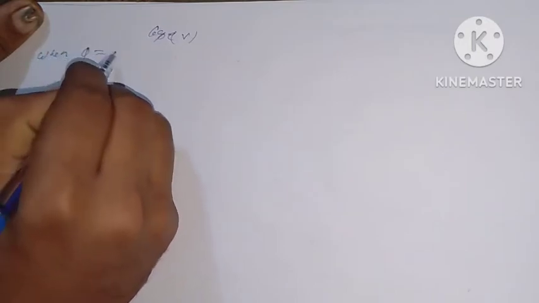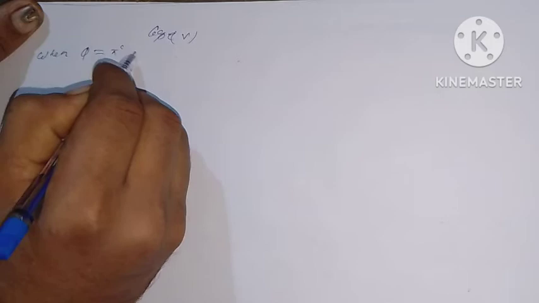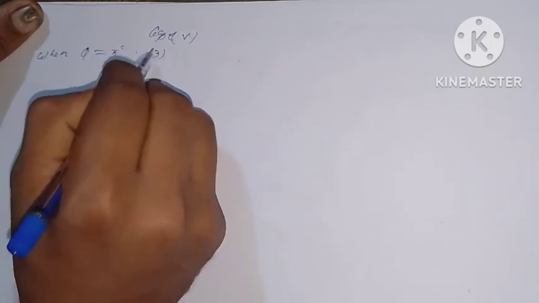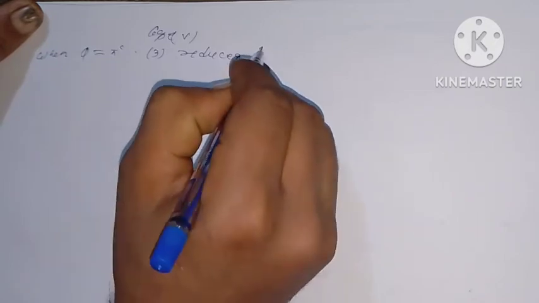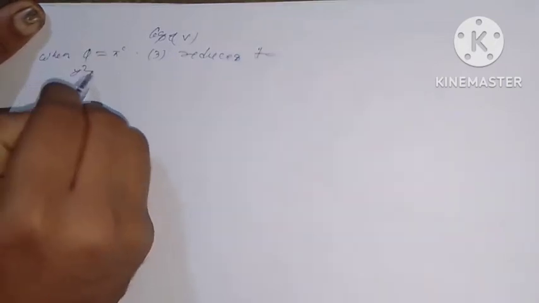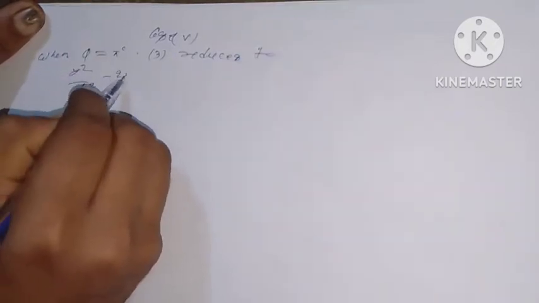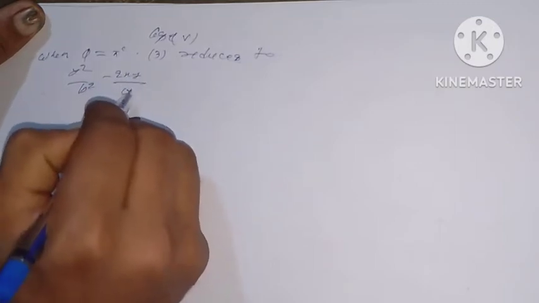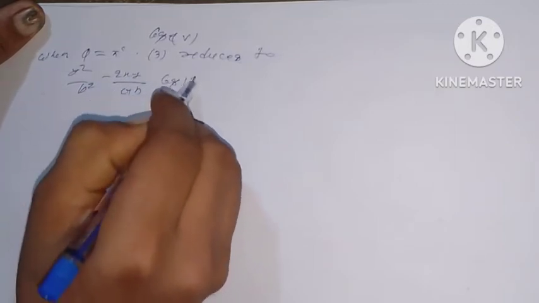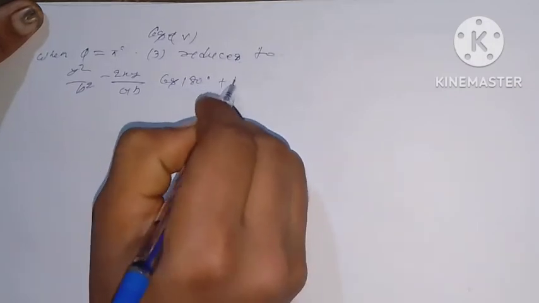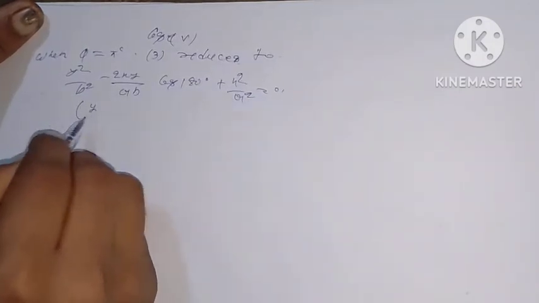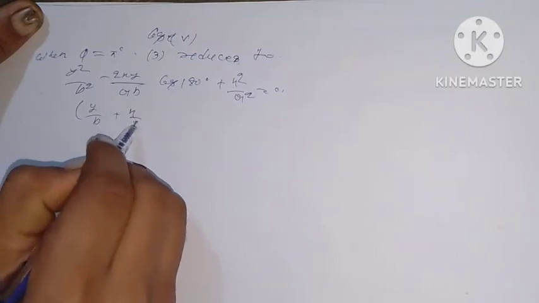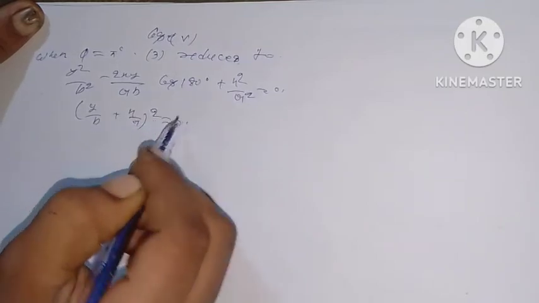When phi equal to pi, equation 3 reduces to y square upon b square minus 2xy upon ab cos 180 degree plus x square upon a square equal to 0. The resultant is y upon b plus x upon a whole square equal to 0.